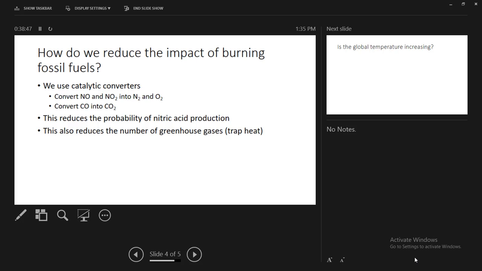Okay, and so now the two biggest things that you hear associated with burning fossil fuels, they're both reduced with the use of catalytic converters.